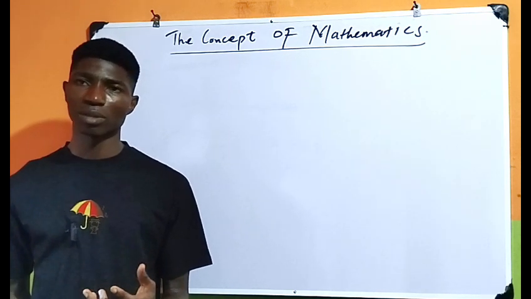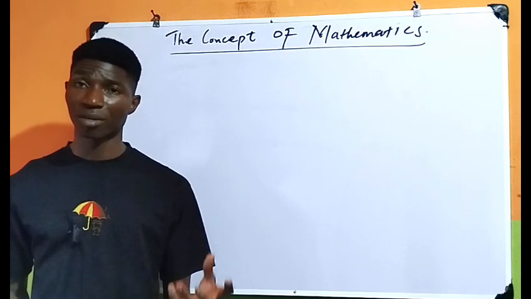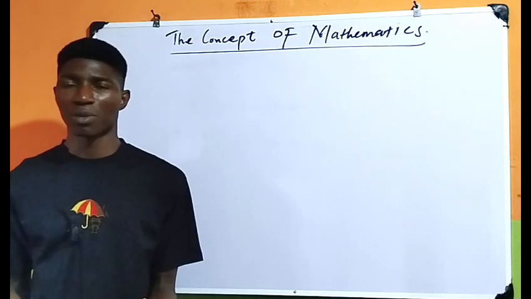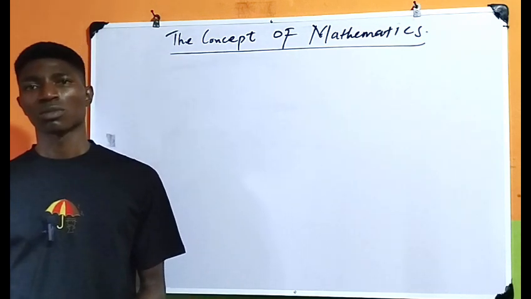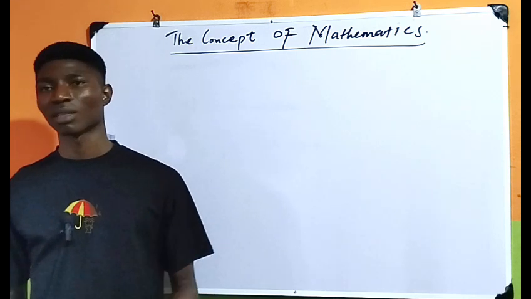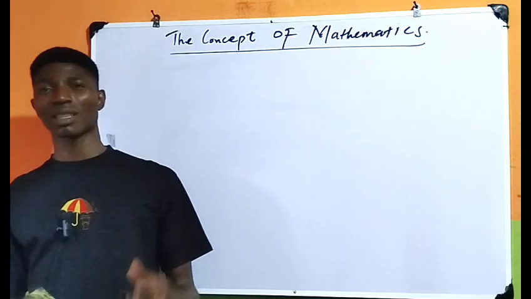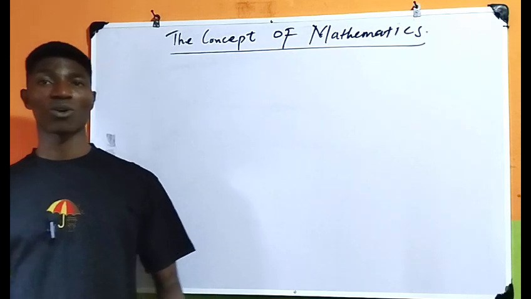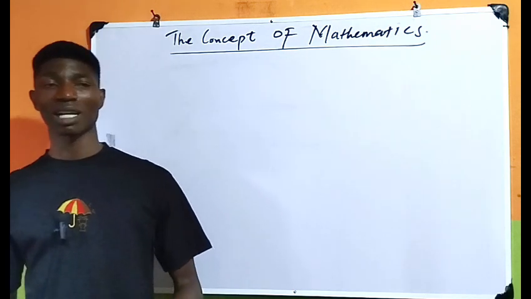Sometimes we are plagued with this. Students will be in the classroom, the teacher will be teaching them, and the teacher is too fast or too harsh. Students will be afraid, scared of asking questions. This will end up affecting them. Or the teacher is too slow, not able to cover certain topics in mathematics, and the semester or the term or the academic year is over.